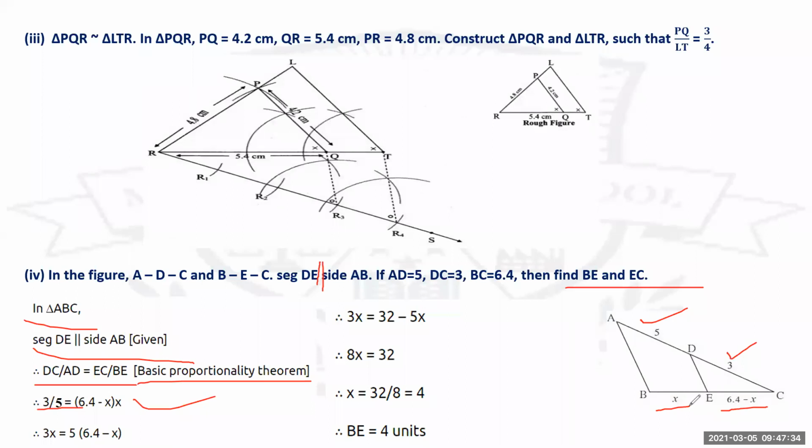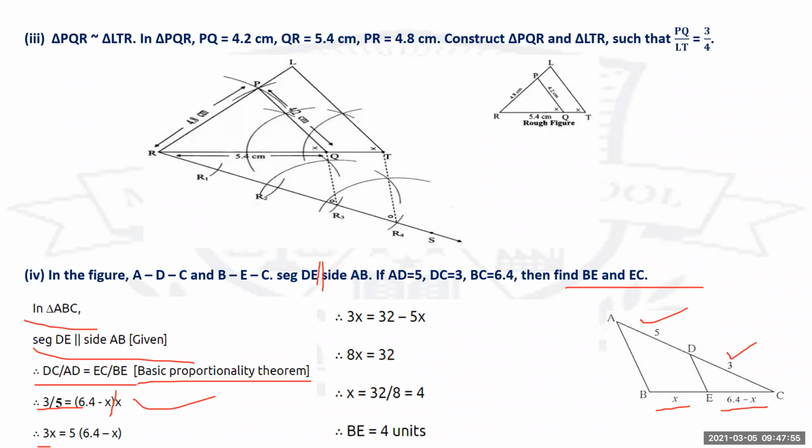We'll reshuffle the terms. x in the denominator is multiplied with 3, so you get 3x equals 5 into (6.4 minus x). Is this clear?